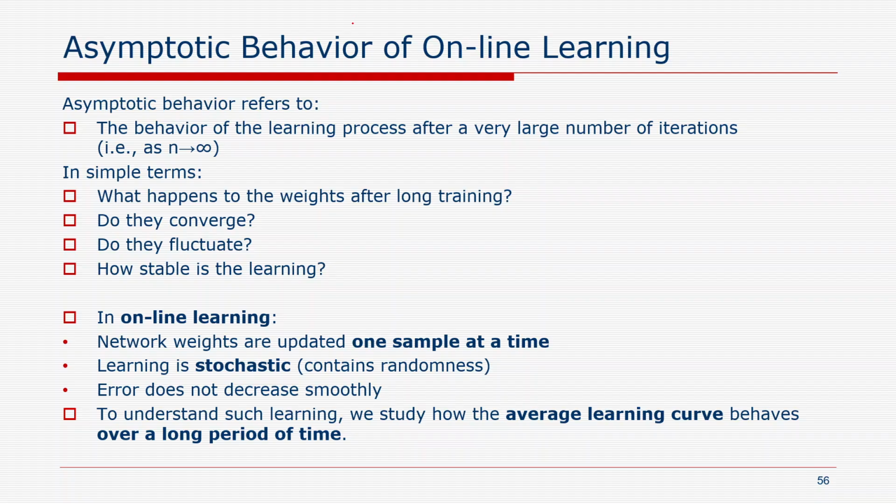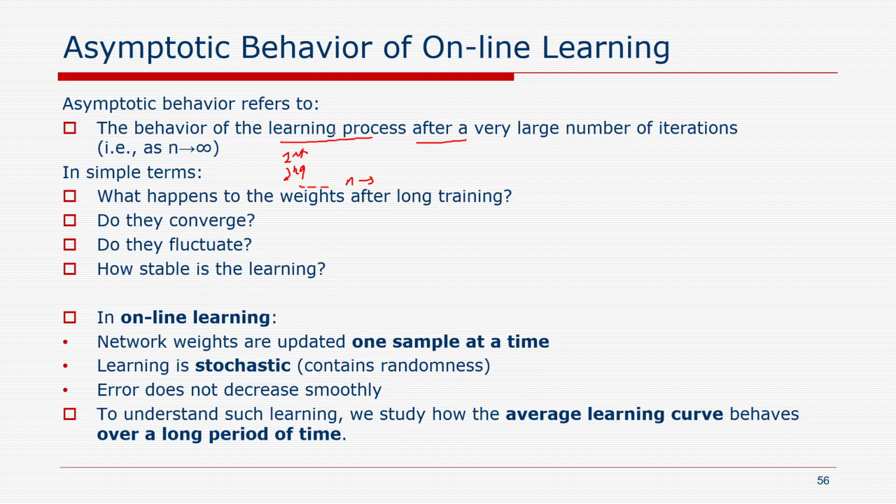Next, we will understand the asymptotic behavior of online learning. Asymptotic behavior refers to the behavior of the learning process after a very large number of iterations. That is, when n tends to infinity, we start with the first iteration and the second iteration, and it keeps going on. When the number of iterations is very large, what is the behavior of the learning process?